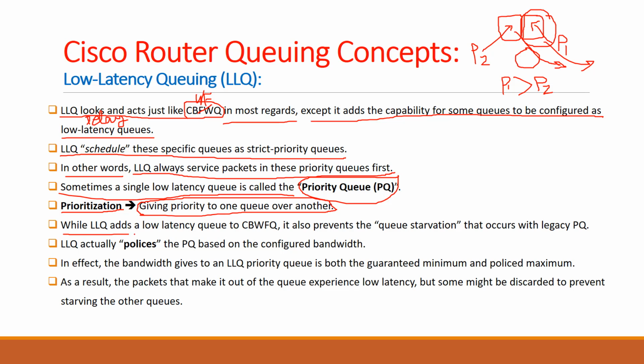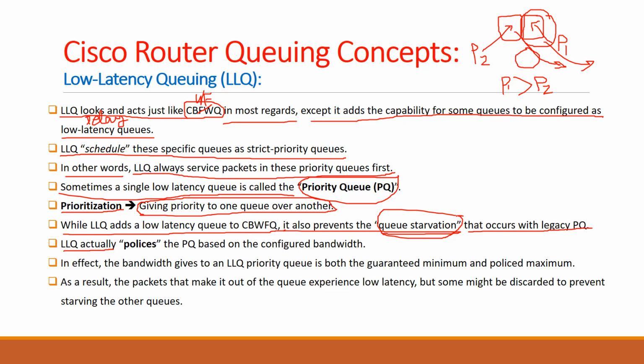While LLQ adds a low latency queue to class-based weighted fair queuing, it also prevents the queue starvation that occurs with legacy priority queue. What does this mean? It means that LLQ actually prevents the queue starvation.